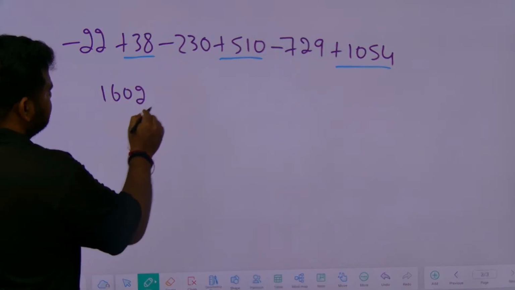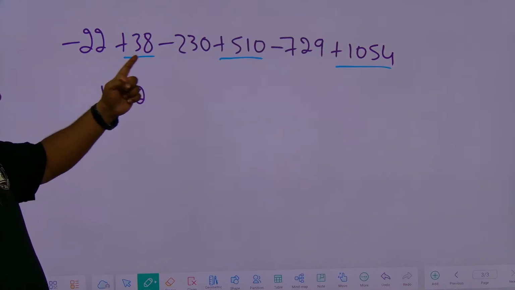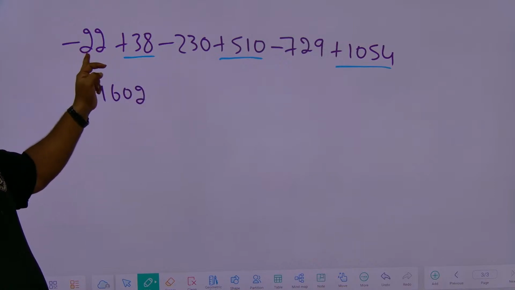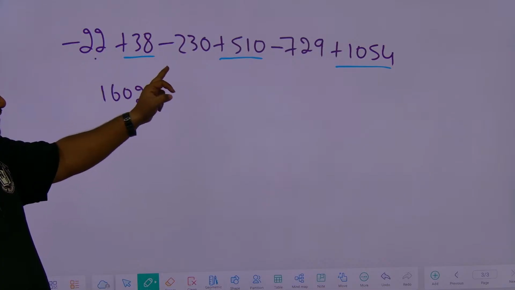1602. Now minus terms. See here, I will take this as 20, I will take this as 200, or 230 only. 230 plus 20 is 250.